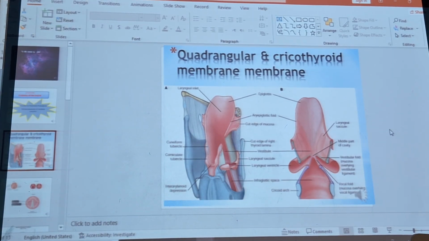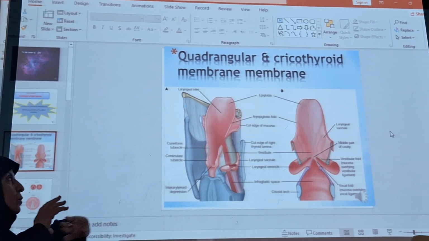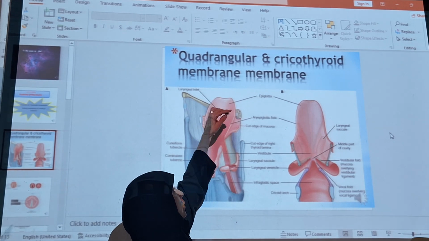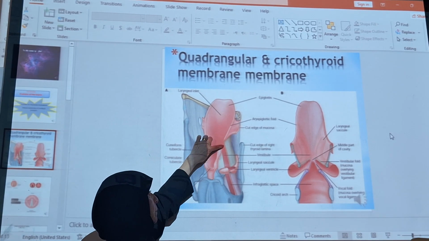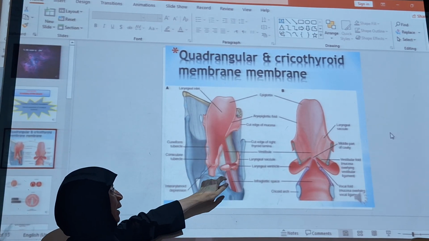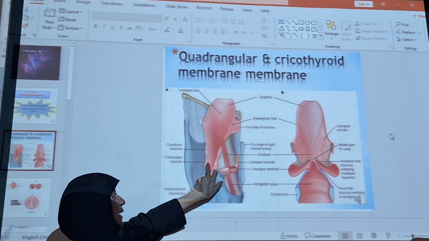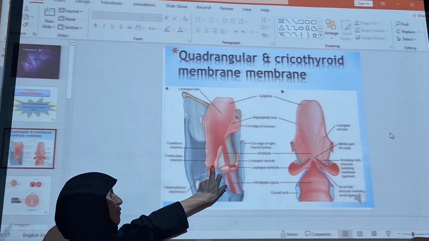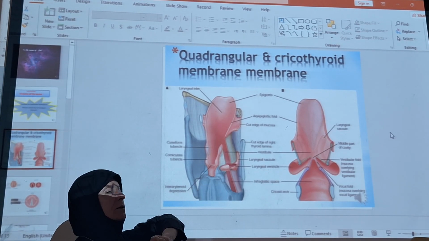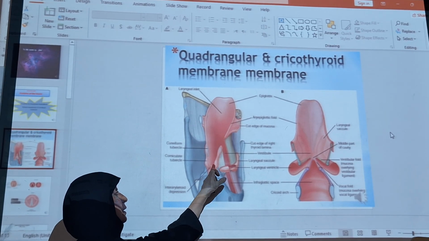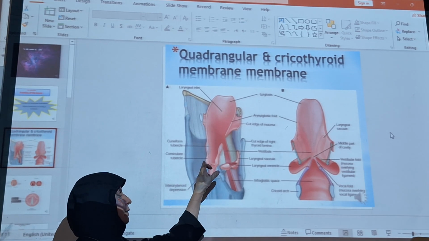If I ask you which structures participate to form the inlet of the larynx, remember the epiglottis, remember the aryepiglottic fold, and posteriorly you are able to find a notch. This notch is between the left and right arytenoid cartilages, so we can call it the interarytenoid notch.